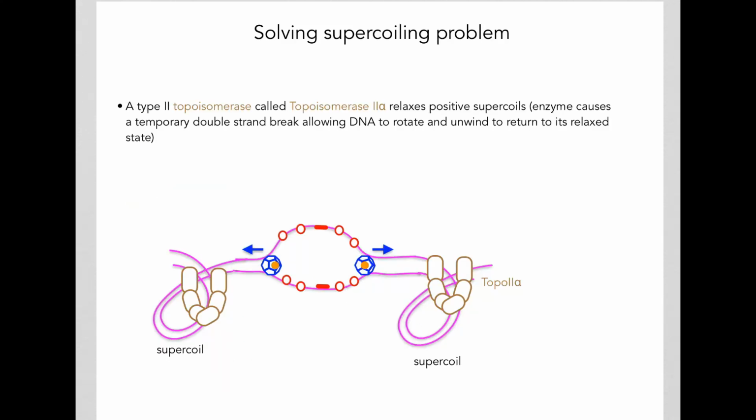A type 2 topoisomerase called topoisomerase 2 alpha will relax these positive supercoils back into their relaxed form, and this will now allow the CMG helicase to continue unwinding the DNA.